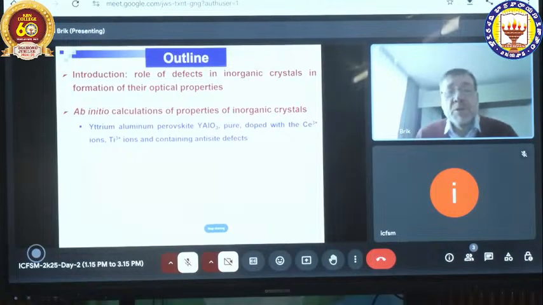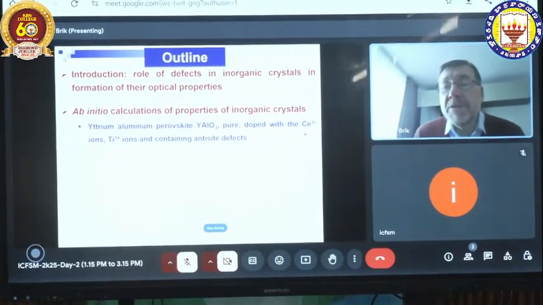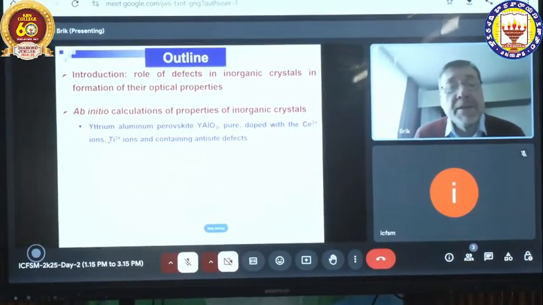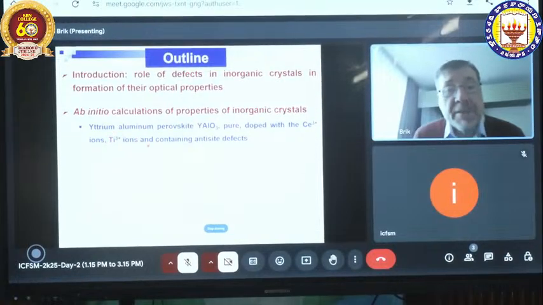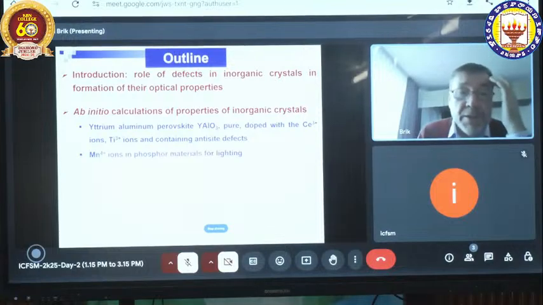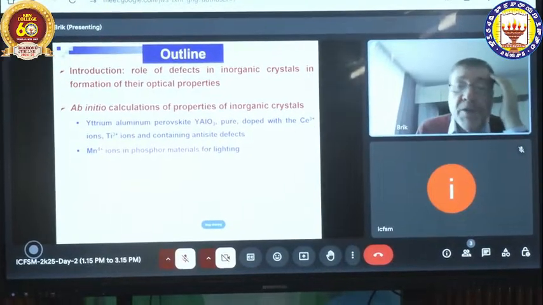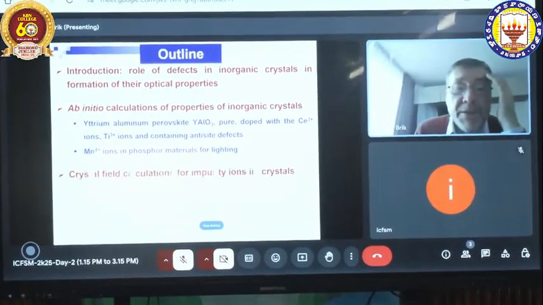This will be yttrium aluminum perovskite in its neat or pure form, or doped with cerium 3+ ions, titanium 3+ ions, and with some so-called antisite defects. Then I will switch to manganese 4+ ions for some materials for lighting.